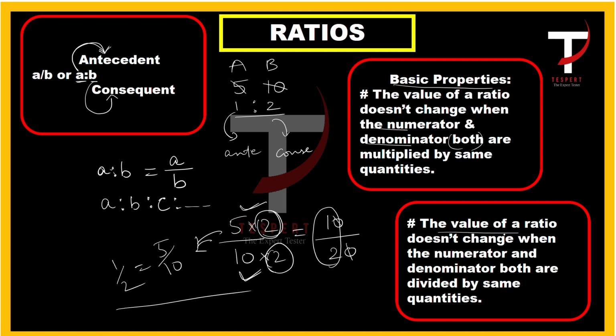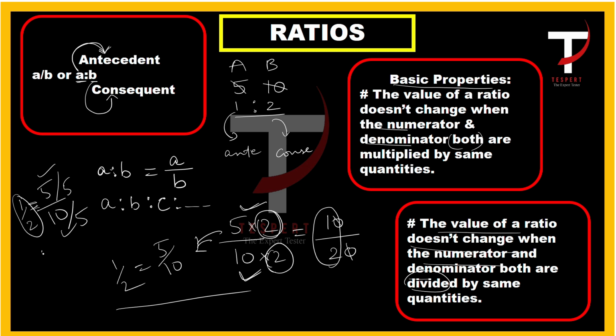The next property is that the value of a ratio doesn't change when the numerator and denominator are both divided by the same quantity. Here we multiplied with 2. Now let's say we divide the numerator and denominator of 5 by 10 by the same number, say 5. Before division, the ratio was 5 by 10, which means 1 by 2.